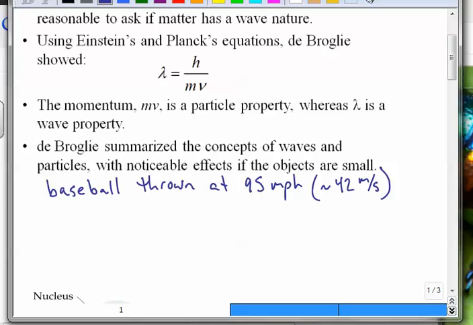Okay, so if we wanted to calculate the wavelength of this particle, we would say that lambda is equal to h over mv. So h is Planck's constant, 6.626 times 10 to the minus 34 joule seconds. And when we use joules here, we have to include our mass in kilograms. So a 5-ounce baseball is around 0.145 kilograms.